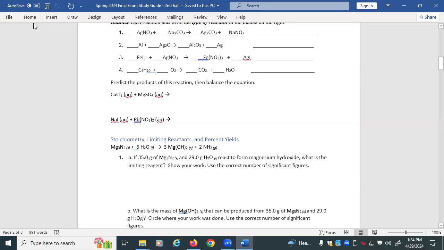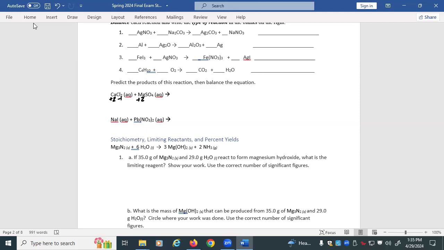So I can look at the periodic table and see, okay, calcium is in group 2. Group 2 ions are +2. Fluoride is a halogen, in group 17. All the halogens are -1 in charge. Magnesium is in group 2, a +2 charge. Sulfate, oh wait, sulfate's a polyatomic ion.